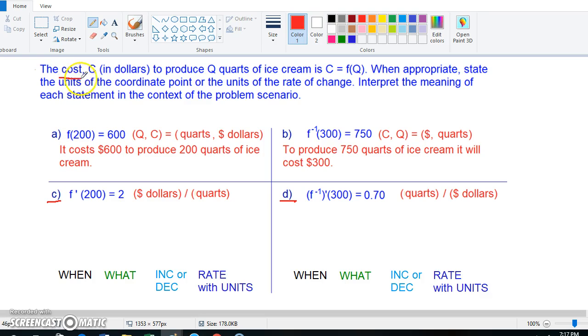We're talking about the cost to produce quarts of ice cream. So what is changing? The cost to produce quarts of ice cream. How is it changing? Is it increasing or decreasing? This is a positive value, 2, so we know the cost to produce quarts of ice cream is increasing. At what rate? At a rate of $2 per quart.